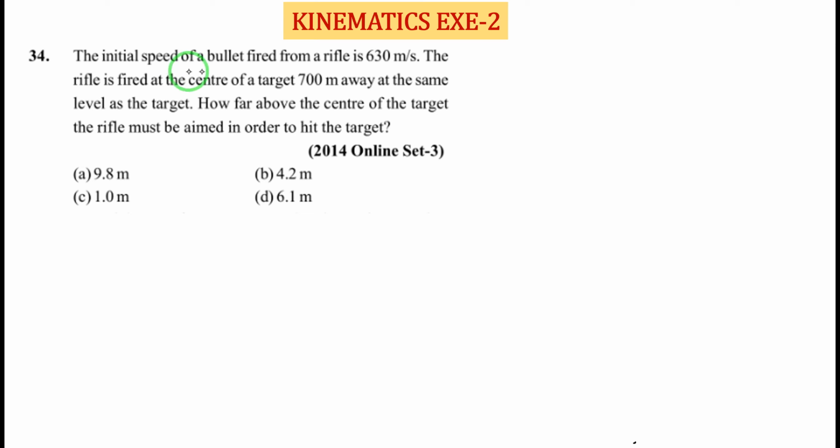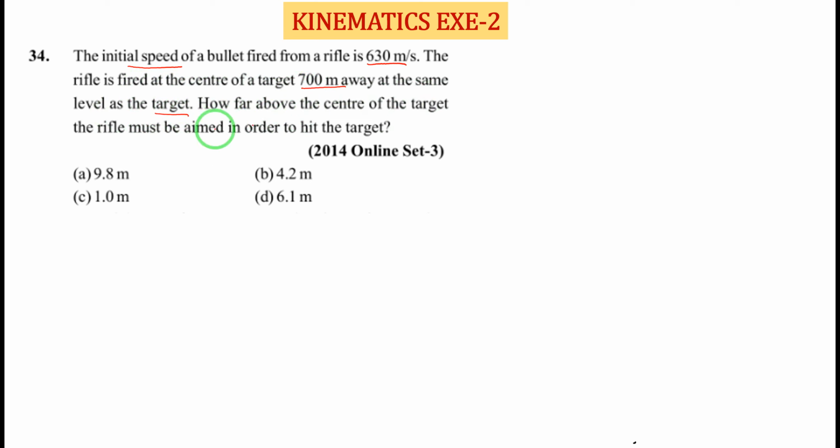In question number 34, the initial speed of a bullet from a rifle is 630 meter per second, and the rifle is fired at the center of a target 700 meter away at the same level as the target.